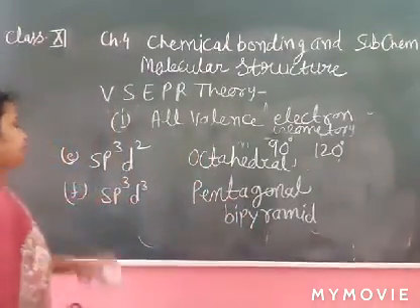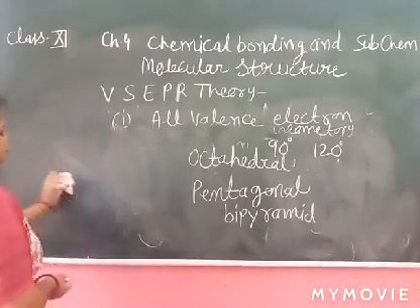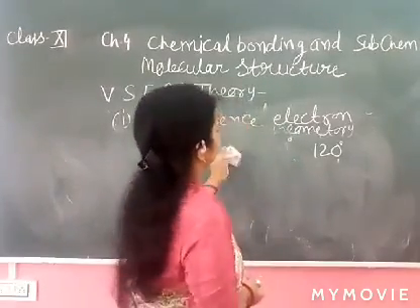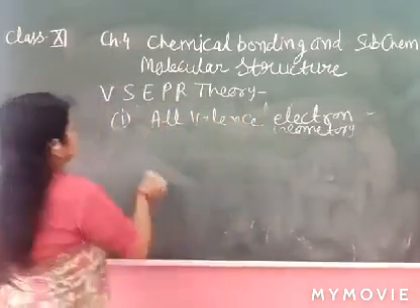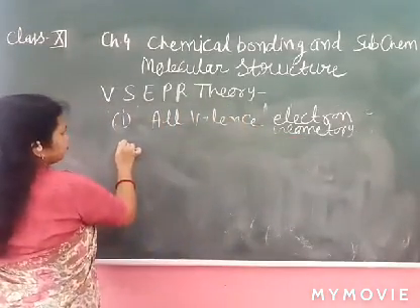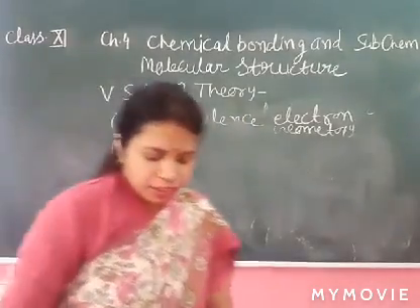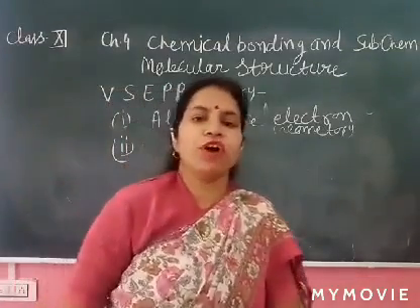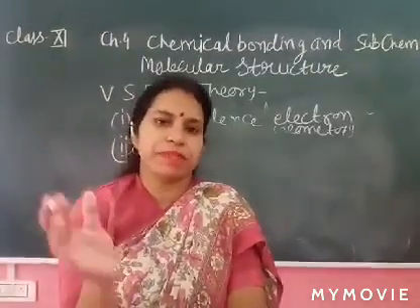Second point: electron pairs in the valence shell. If non-bonded electrons are present in the valence shell, there is repulsion.